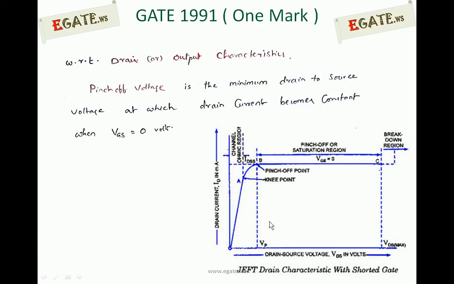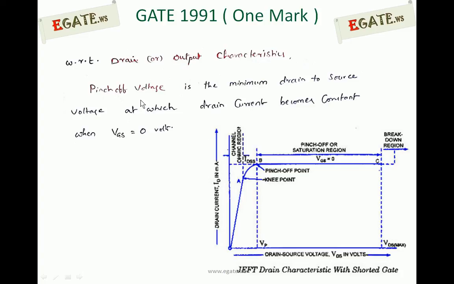So what is the minimum drain to source voltage at which drain current becomes saturated, that too for VGS equal to 0? That point is called the pinch off voltage. From this characteristic, this is the minimum value of VDS on this curve at which drain current becomes constant when VGS is kept at 0 volts.